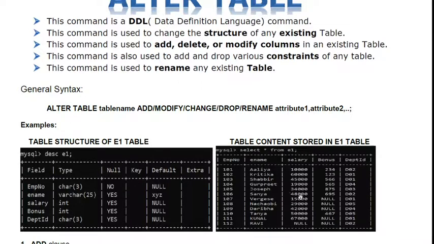If you want to modify or manipulate the actual data, you need DML commands, data manipulation language commands, like select, insert, update, delete. If you want to modify the structure, then you need DDL commands: create command, drop command, alter table command, all DDL commands. So today, the alter table command.